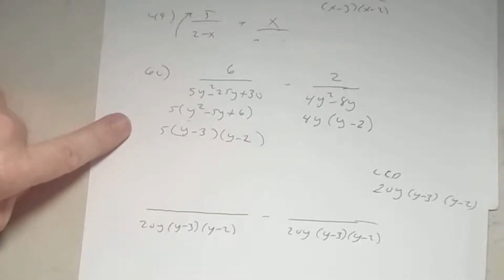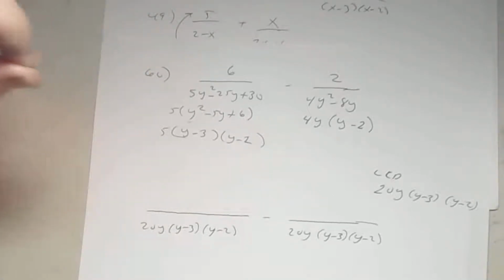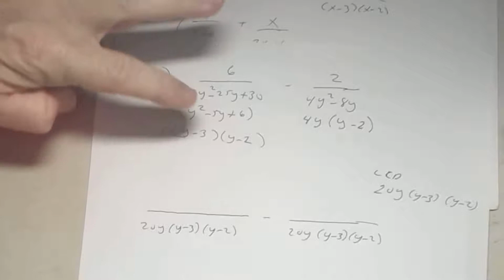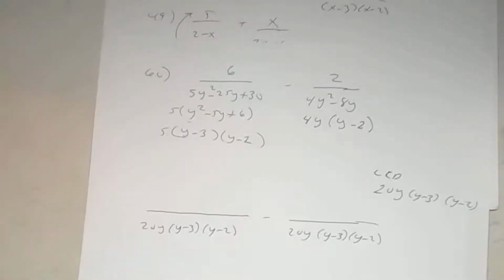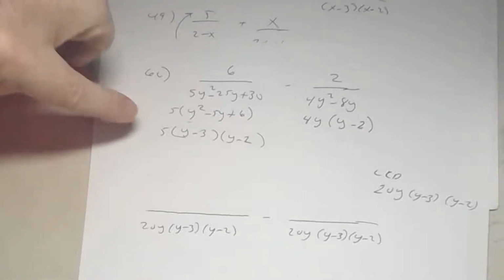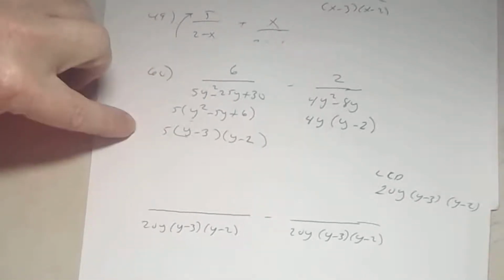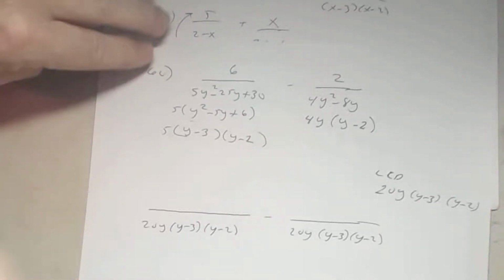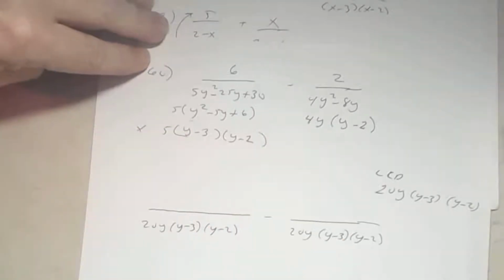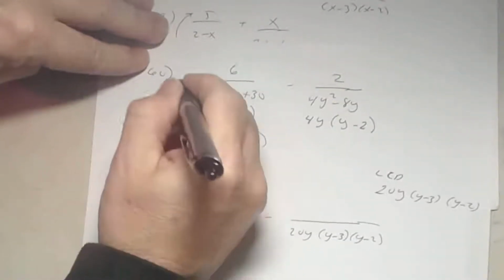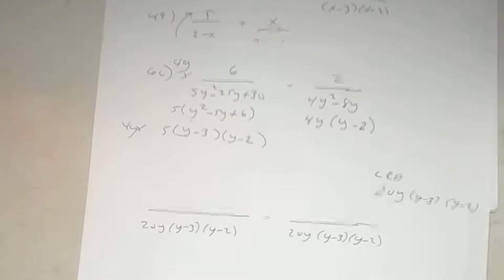What do I need to multiply by? 4. I have the y minus 3 and the y minus 2. What else am I missing? The y. So what do I multiply that first fraction by? 4y. Make sure you understand that before I go on.